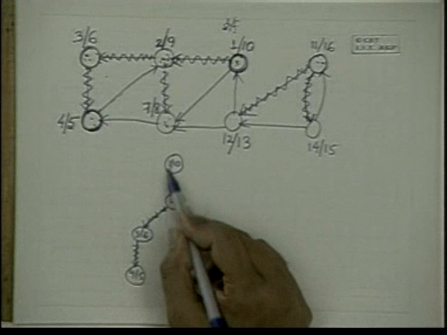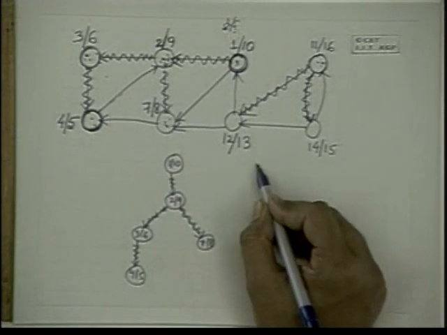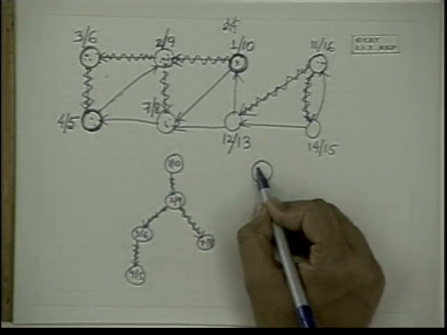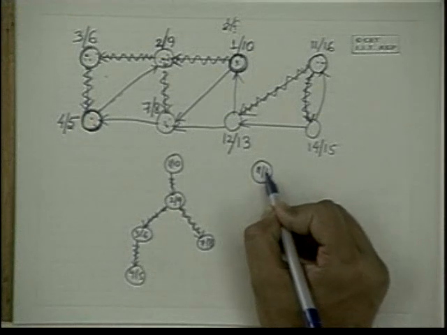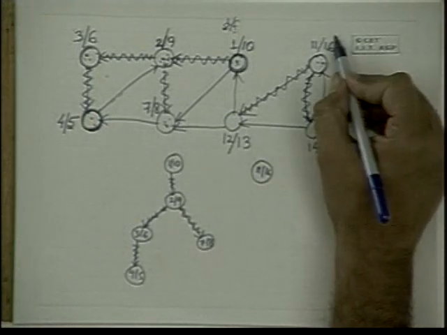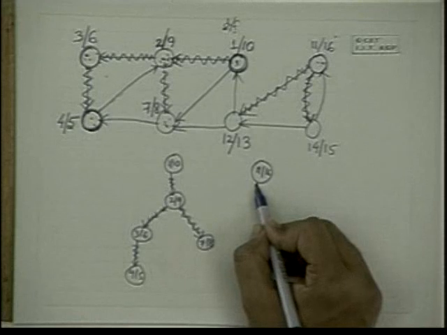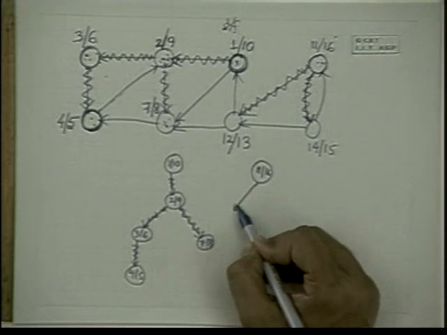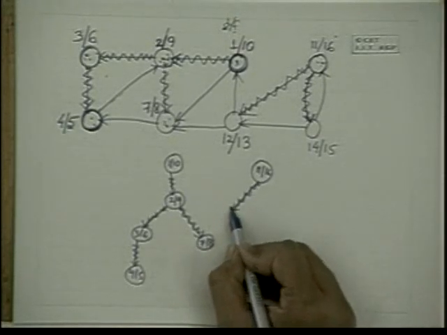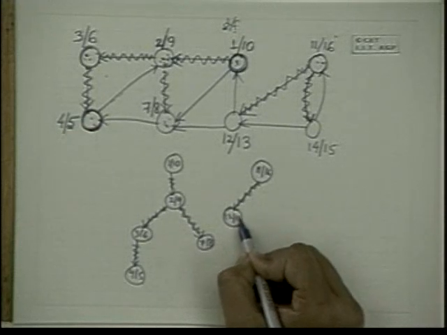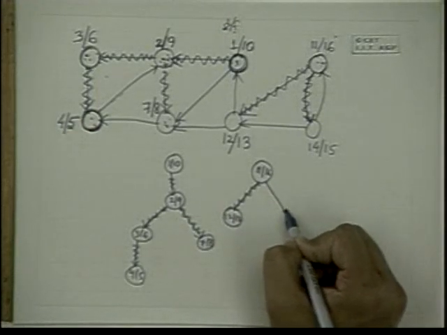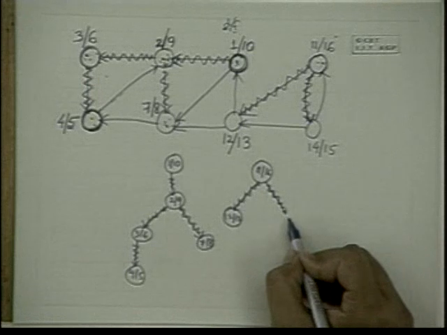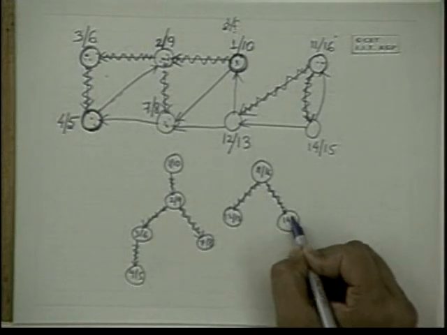This particular call ended with these visits. Then we gave a new call of visit, 11 by 16. There is this node. Then we gave another recursive call from this node to 12 by 13, and another node to 14 by 15.